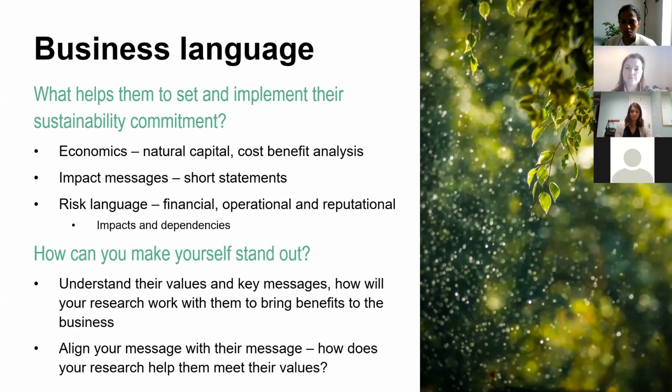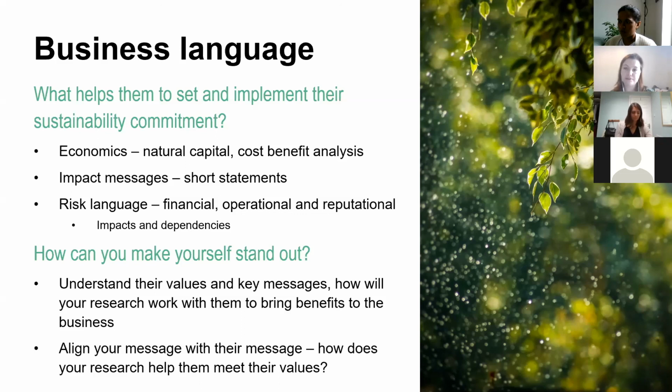So the companies always want to protect their reputation if they can. So if you can start to get a risk to their reputation spoken about in terms of their impacts, this can just really help businesses engage. And all of them, financial, operation and reputational, are all risk languages that they can understand.